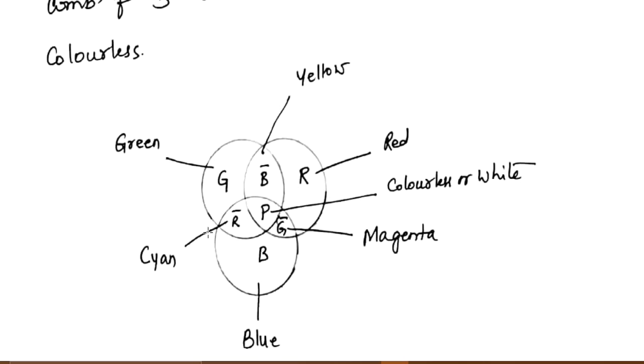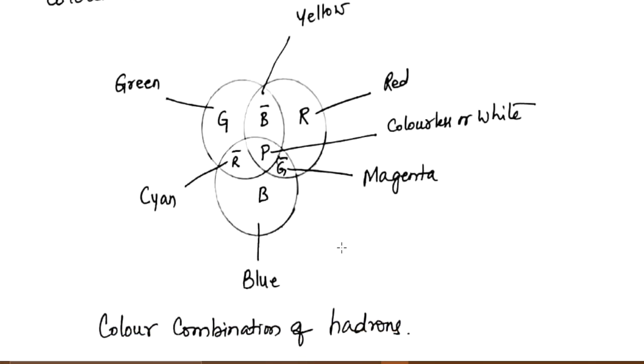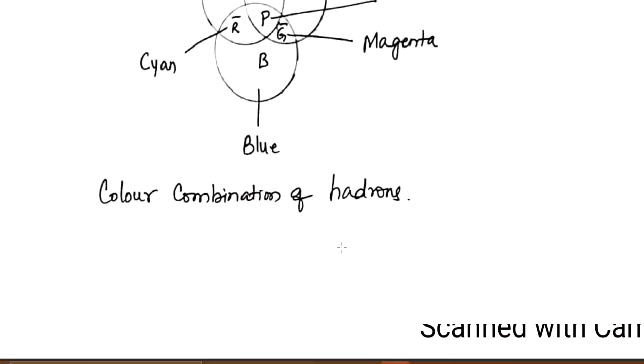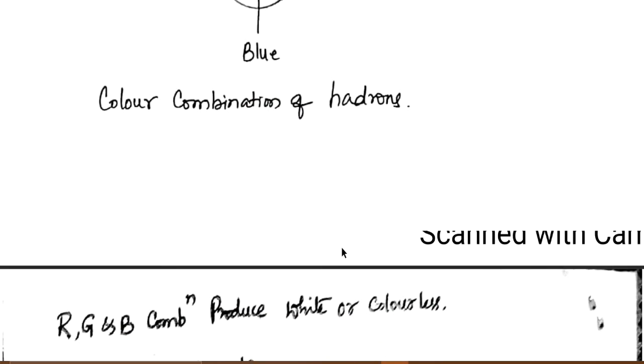If they combine, it is cyan, the complement of red. Similarly, green and red give rise to B complement, that is yellow. And red and blue give rise to G complement, that is magenta. This is how the colored quarks give rise to a number of hadrons.